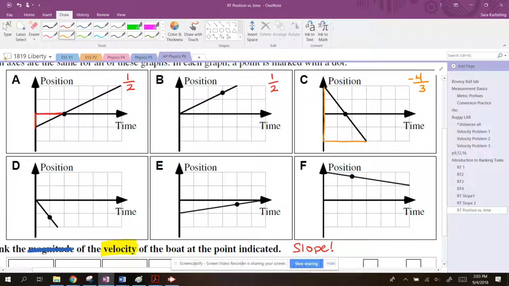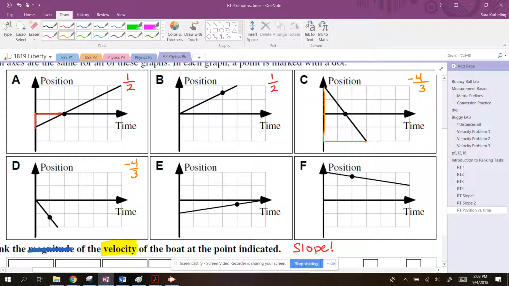I'm not going to freak out about that being an improper fraction. I don't care. Negative 4/3. It's fine. How about D? Negative 4/3, right? It's the same line. Again, they just shifted it. E. Is it positive or negative?